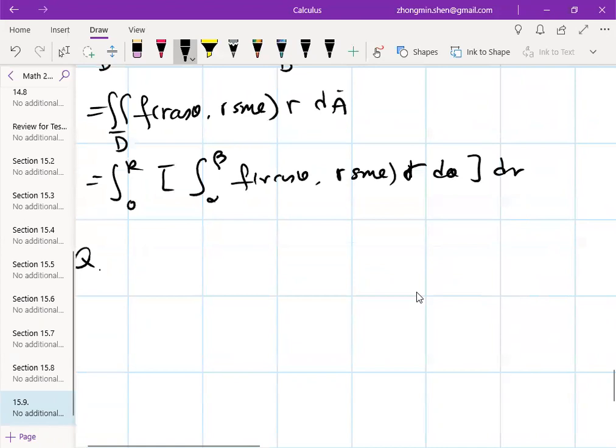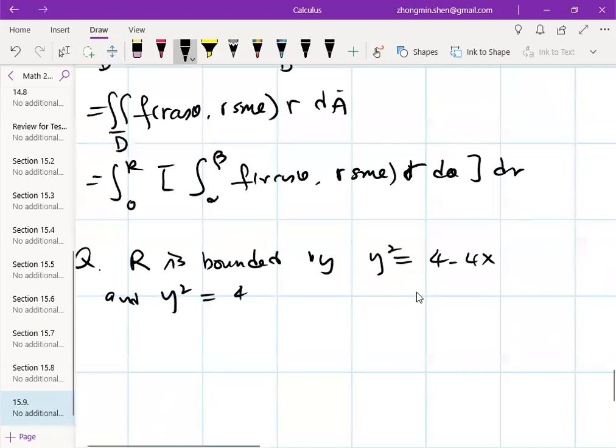R is a region bounded by y squared equals 4 minus 4x and y squared equals 4 plus 4x, and y is greater than or equal to 0.